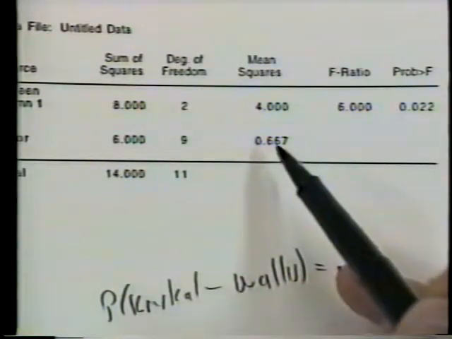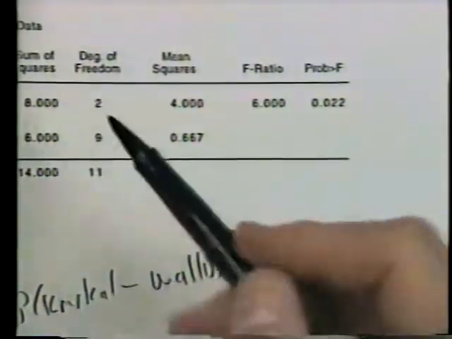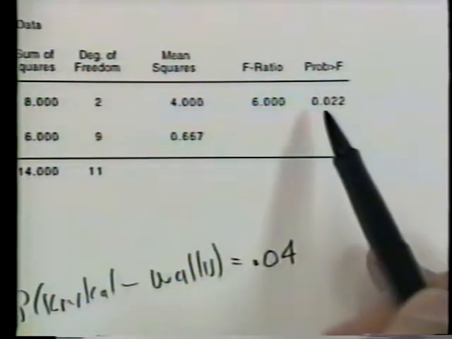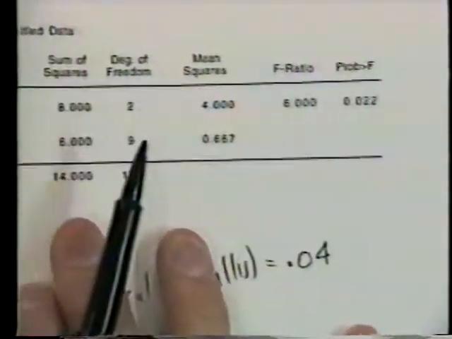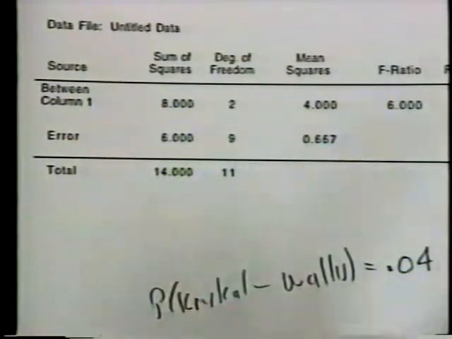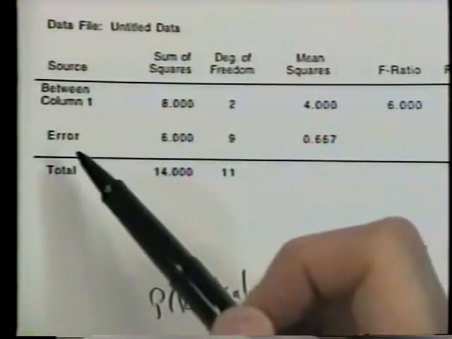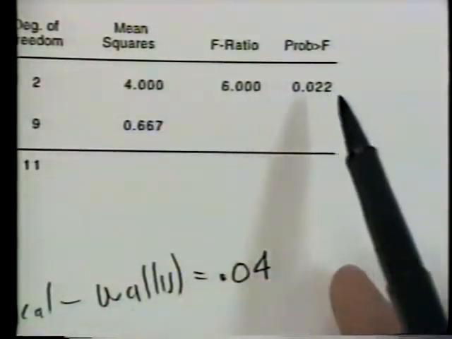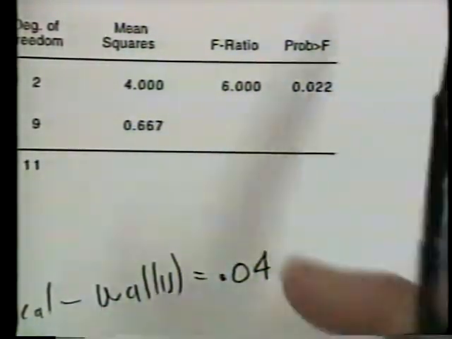The mean squares worked out to be 4.67. The F ratio of this is 6, and it turns out that the probability here is then 0.02. So the difference between these treatments in this one-way ANOVA is significant at the 0.05 level, but is not significant at the 0.01 level. So this was a nice intermediate case.